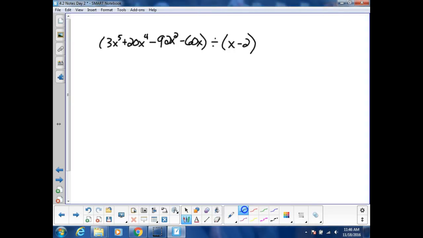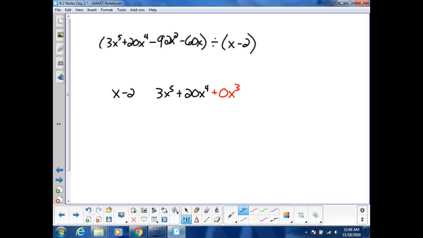So x minus 2 goes on the outside, right? And then 3x to the 5th, then 20x to the 4th. Then I need to have my x cubed. It's not in my original function, so I write in plus 0x cubed. Okay, got to have that placeholder.